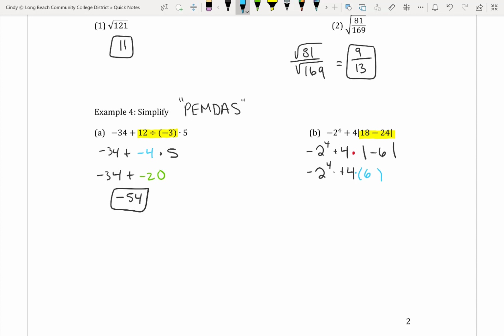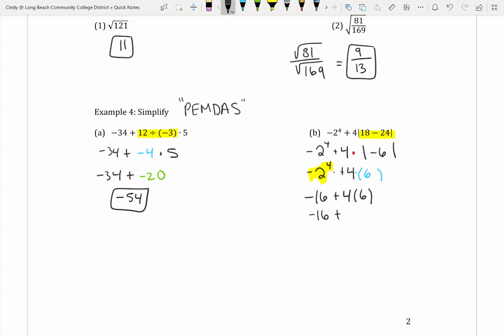So now I've done my parentheses, or my absolute values. The next thing is going to be my exponent. So now I want to think about my exponent over here. So negative 2 to the 4th power. Because there is not any parentheses around the negative 2, I know it's going to be negative. So it's a negative 16 plus 4 times that positive 6.